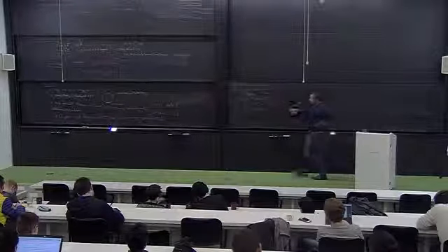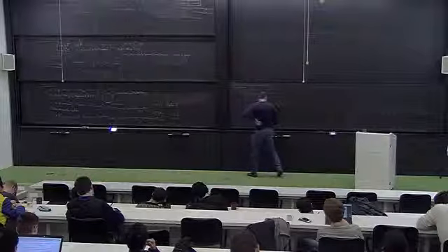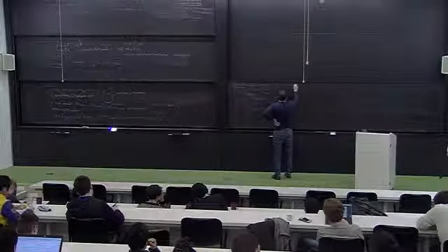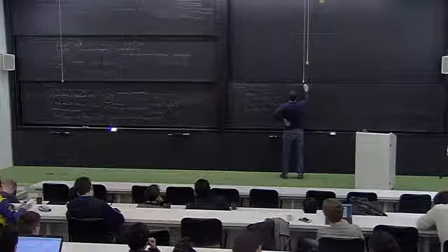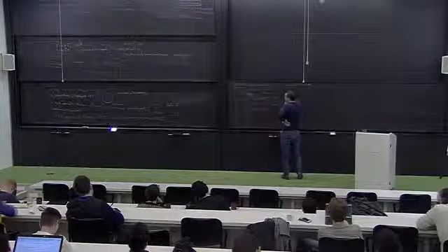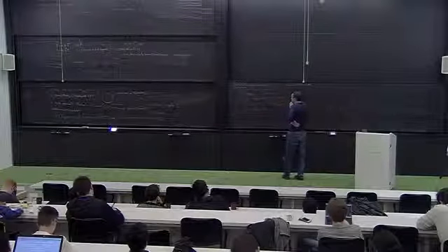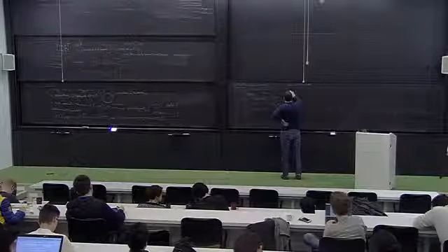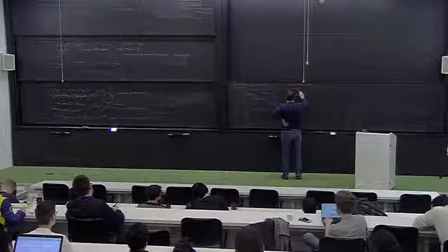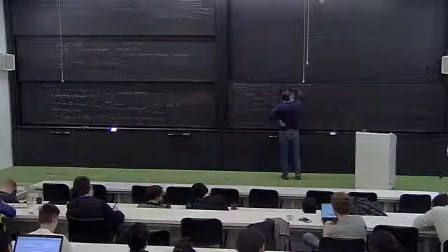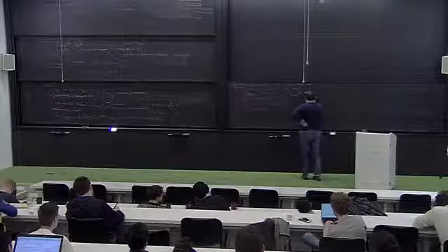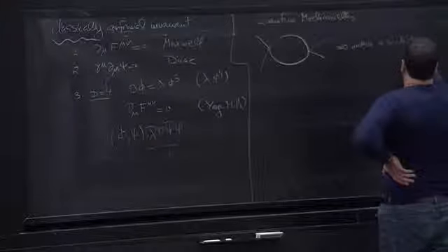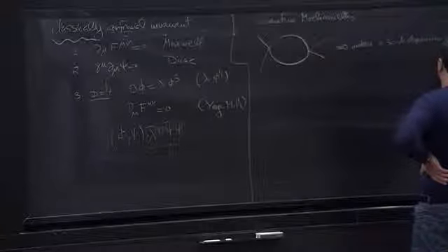But this is the thing that's important. This is classically. Now quantum mechanically, for example, if you study lambda phi to the 4, you can have virtual effects of this type that induce scale dependence on your coupling.